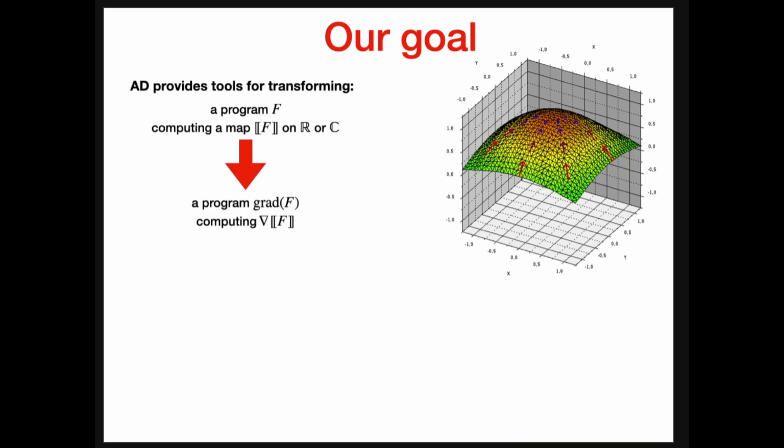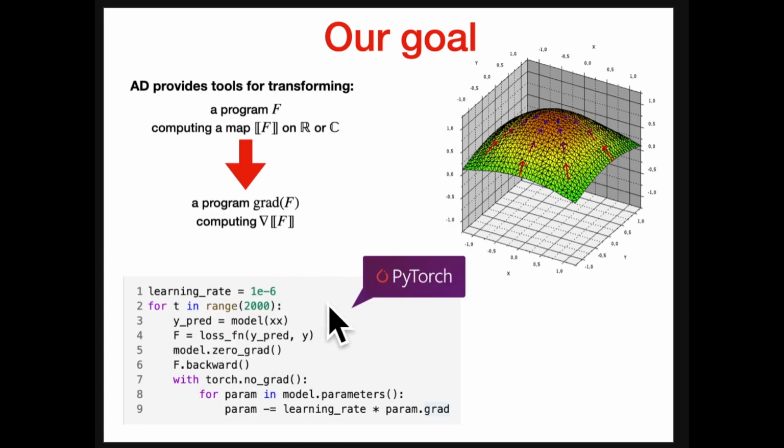A popular recent one being deep learning, where one wants to minimize the loss function of a neural net by using the gradient descent algorithm or some of its variants. For example, in this code, written in PyTorch, which is one of the most popular libraries for deep learning, we have a function f, which is the loss function of a neural net called model, and not detailed in this part of the code.